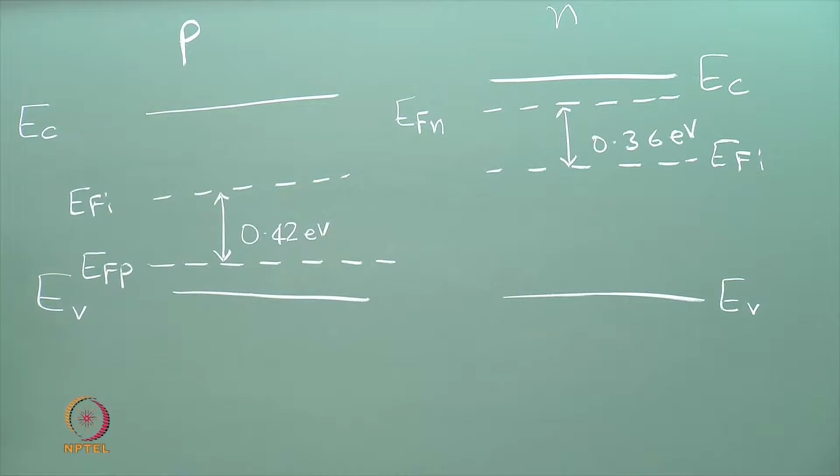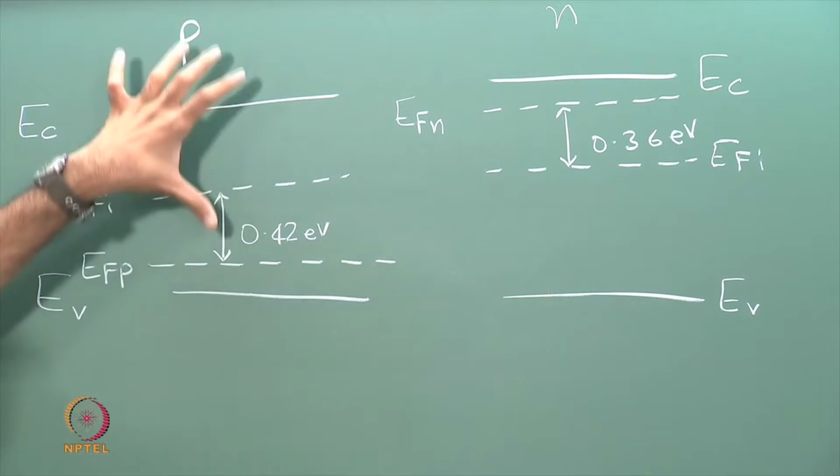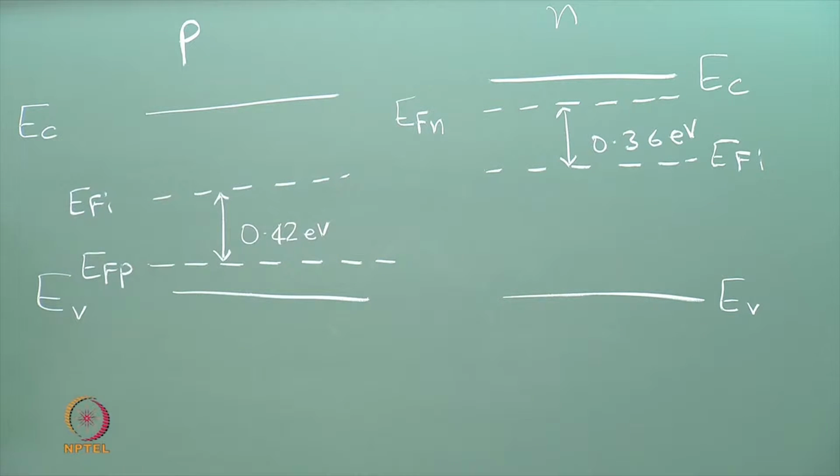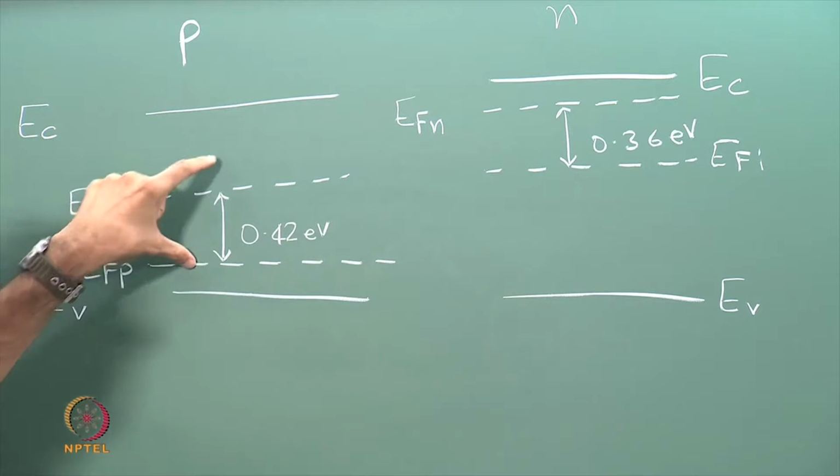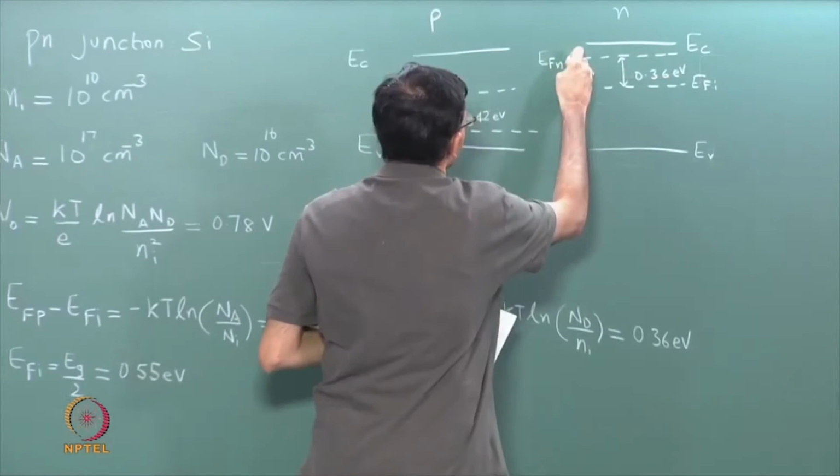So, when I bring my p and n type semiconductor together, I know that the Fermi levels must line up. So, you can either say that the p has shifted up or the n has shifted down, and this shift is equal to the distance between the two Fermi energies.